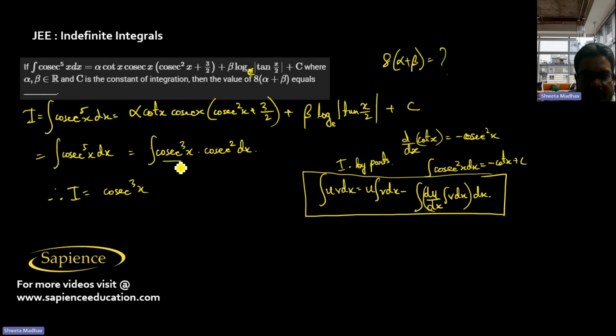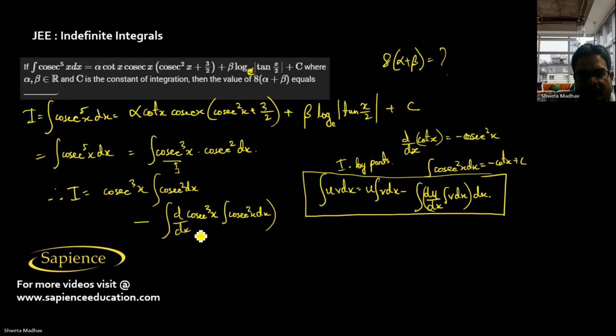So if I take this one as the first function, this one as the second function, so integral cosec square x dx, then minus integral d by dx of cosec cube x, and integral cosec square x dx, then whole integral dx. So this will be cosec cube x, integral cosec square x, that is minus cot x, minus d by dx of this.